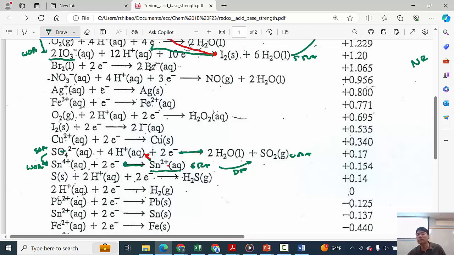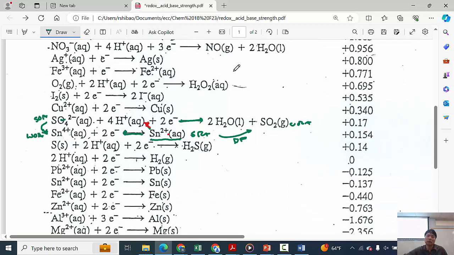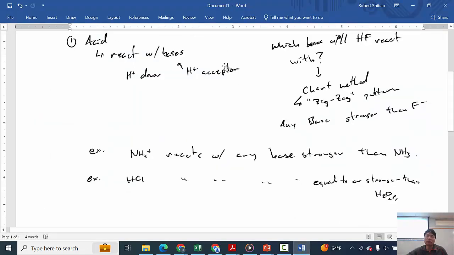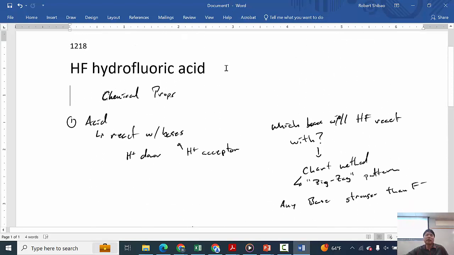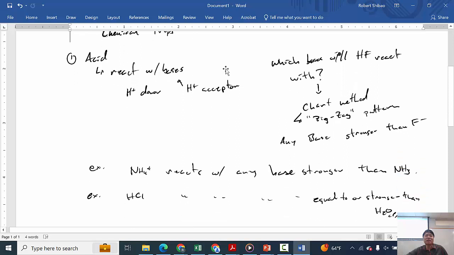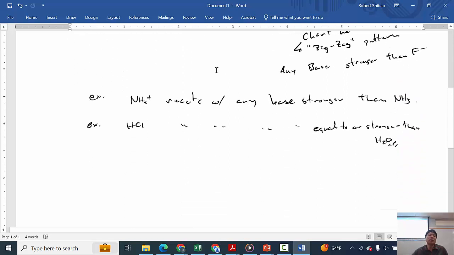And before we did acid base. So if I'm looking at the chemical properties of hydrofluoric acid, then I would look at the different things like this.